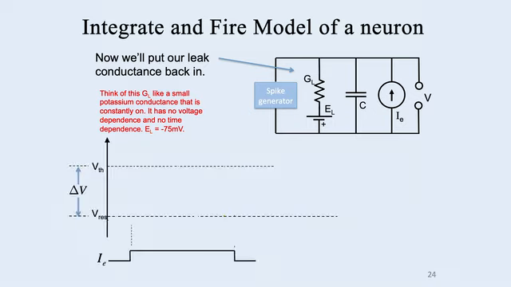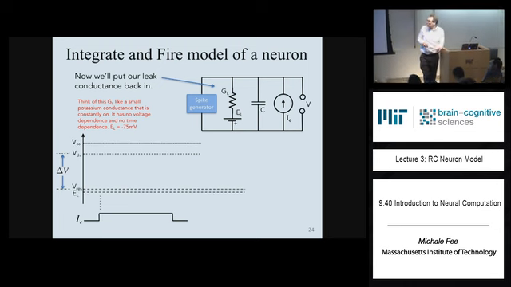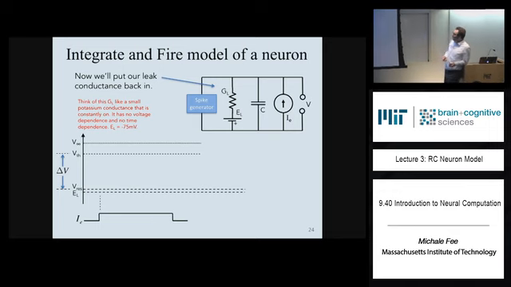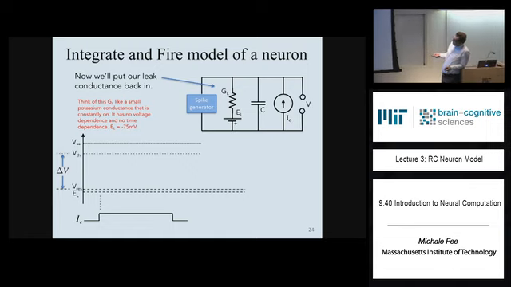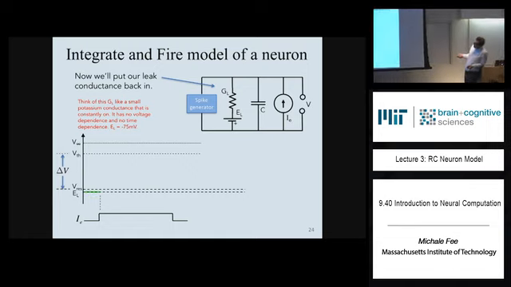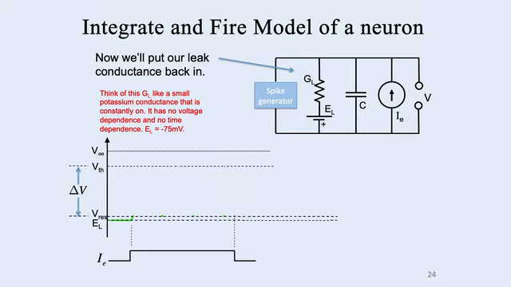All right, so what's going to happen? Let's go to our plot of voltage as a function of time during our injected current. Let's say that we start our voltage at V reset. Or actually, let's start it at E leak. Now what happens?